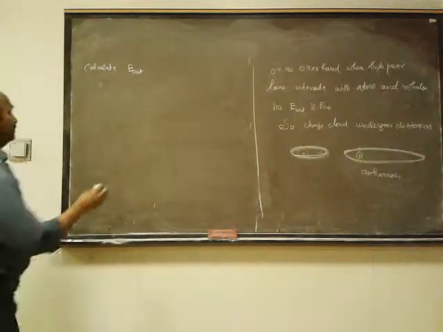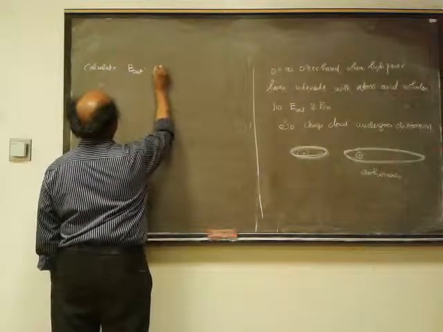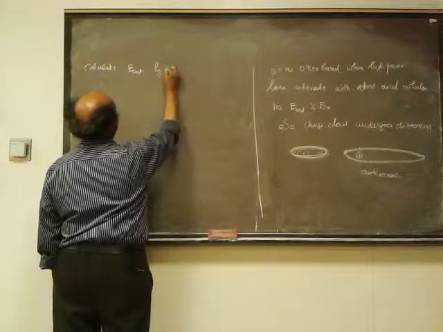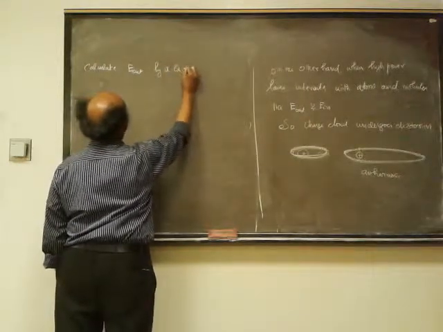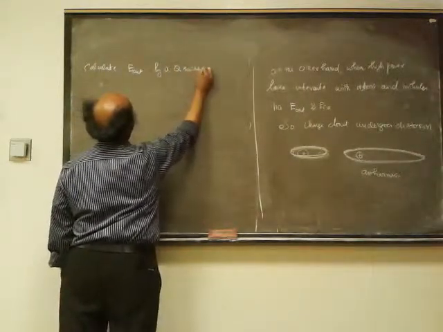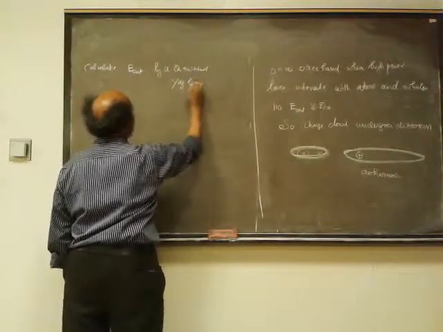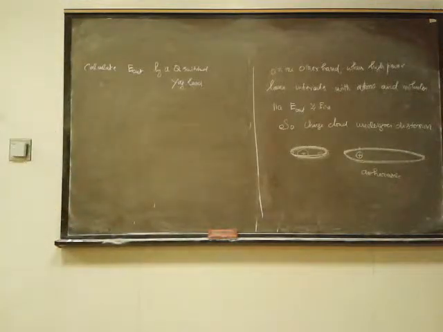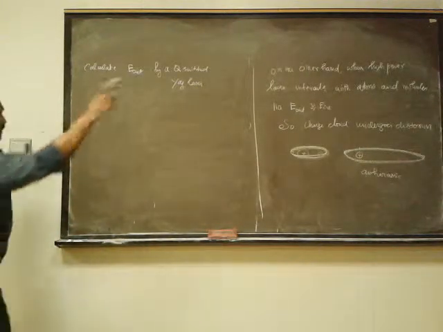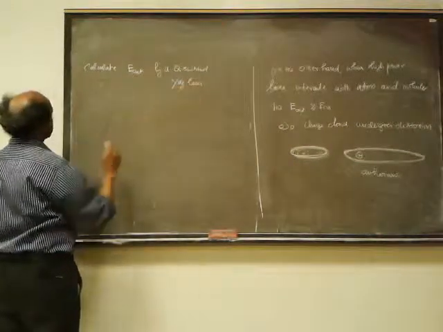By a laser, E out by a Q switch YAG laser. You must have done this one earlier. Let us repeat this one. This is very important. Take the example of our laser here.